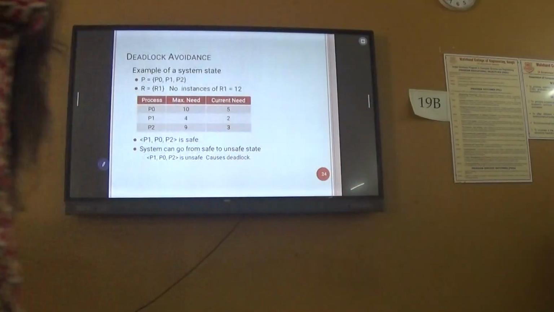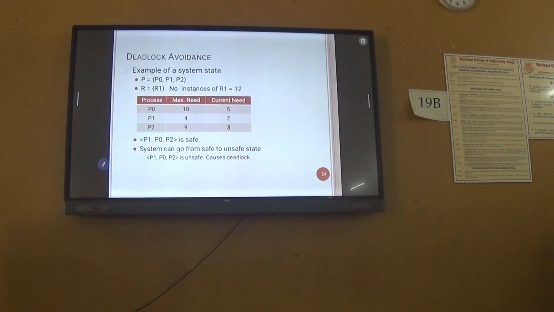P1 can complete? Yes or no? Last row. P1 can complete its execution? I'm asking you. Yes. Yes or no? P0 can complete the execution? P1 can complete the execution?